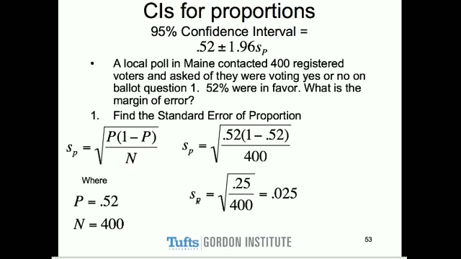And what that calculates out to is SP, which is our standard error of proportion, is 0.025. And just make sure you remember this: as N increases or decreases, our standard error right here is going to decrease or increase, okay?